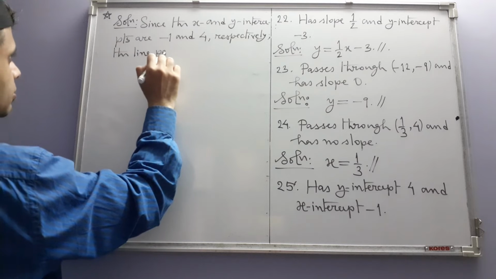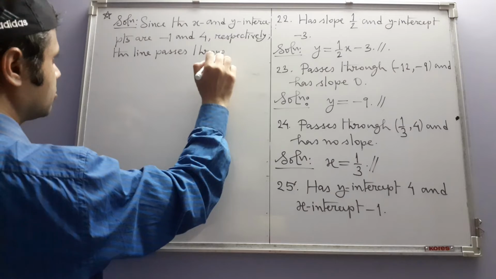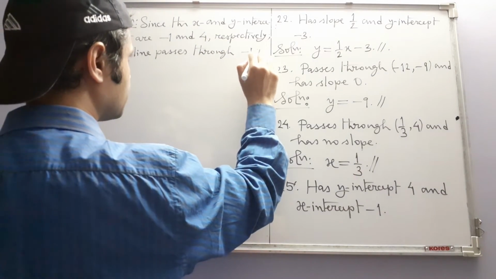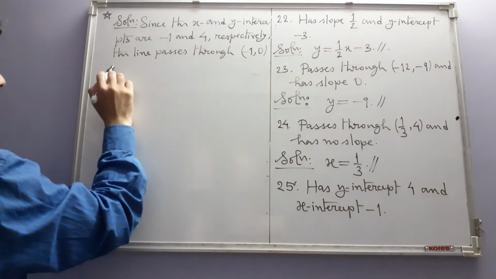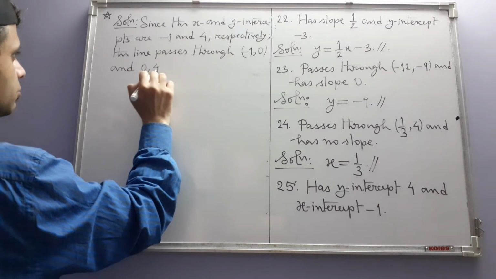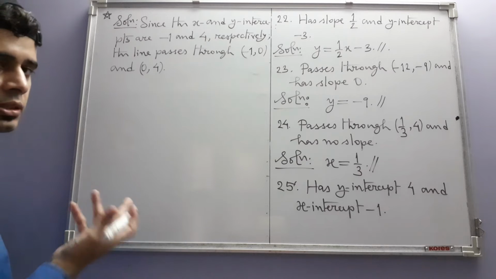The line passes through -1, 0 and 0, 4. So now 2 points are given to us.